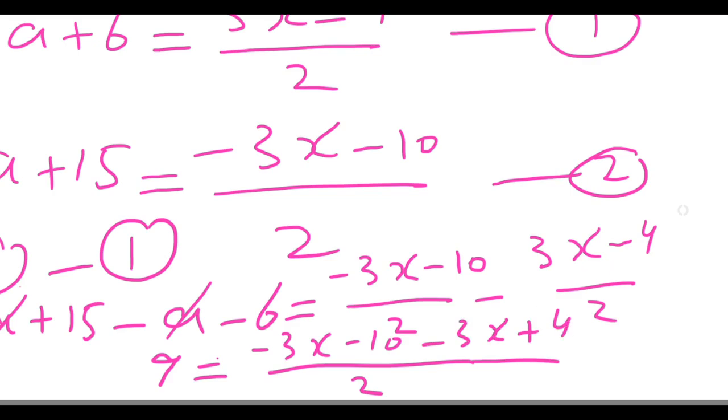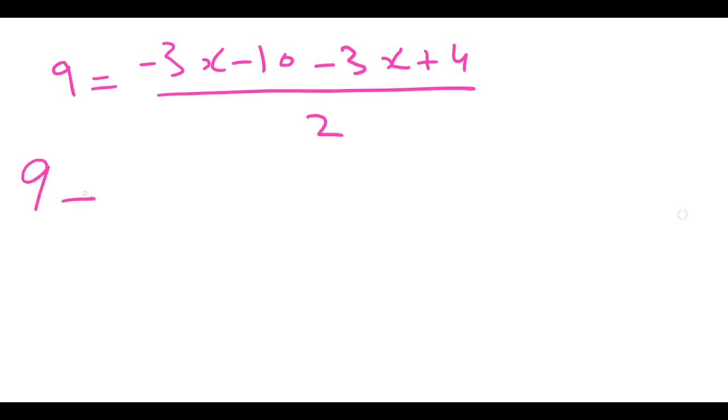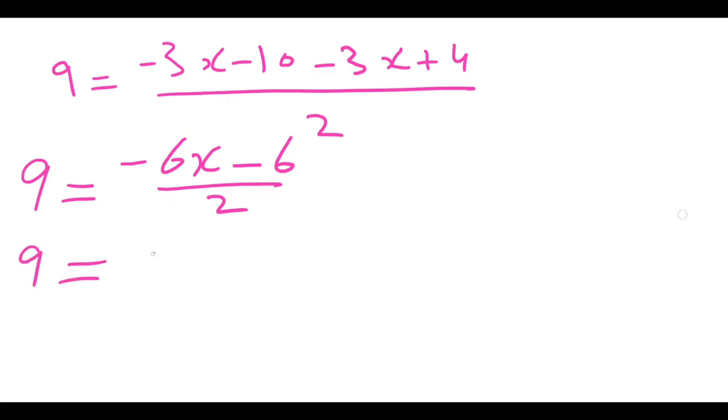This negative must multiply inside. Now I can simplify here. 9 is equal to, this become negative 6x and negative 6 over 2. Now negative 6x divided by 2 become negative 3x, negative 6 divided by 2 become negative 3.